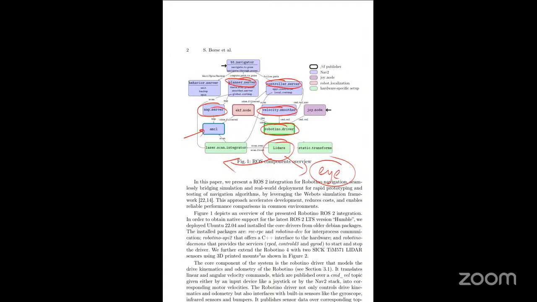When the robot sends the sensor data, it goes through the encoder, Robotino driver, odometry, and AMCL. Using the joystick, the joy node goes through the Robotino driver to the robot. This joy node is for manual drive.